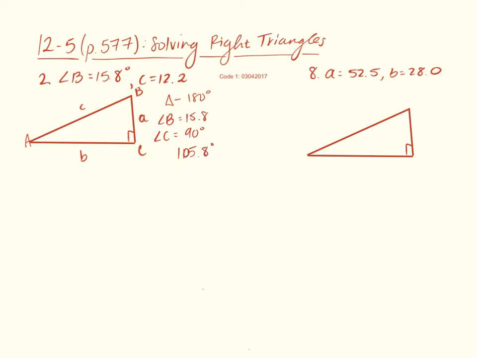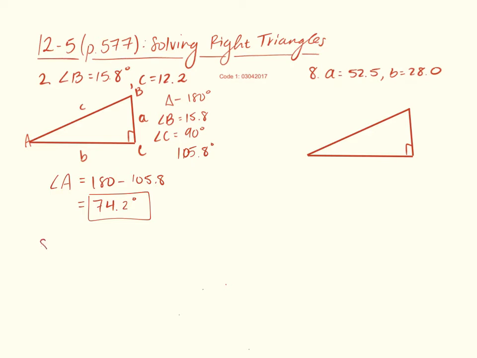Now that we have 105.8, we know that the remaining leftover degrees has to be angle A. So angle A is 180 minus 105.8, which is 74.2 degrees.